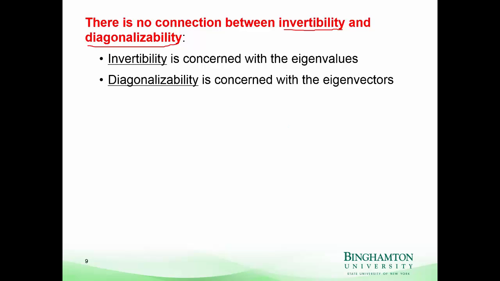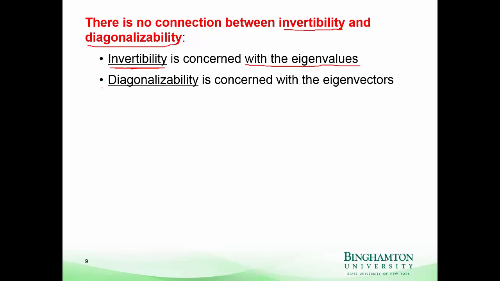And the reason is that the invertibility, as we'll see in a bit, actually is concerned with eigenvalues. So to check invertibility, it doesn't really have anything to do with the eigenvectors per se. At least that's not the primary thing. What really matters are eigenvalues, the values that the eigenvalues take.